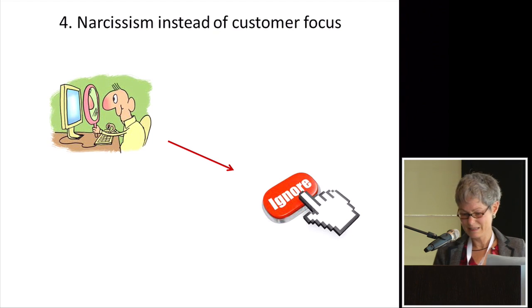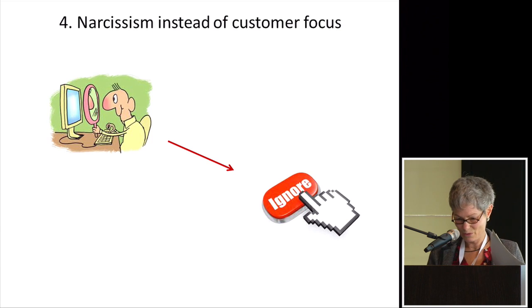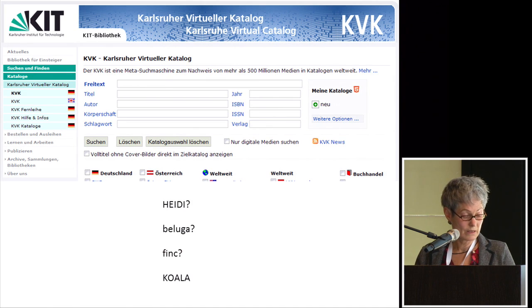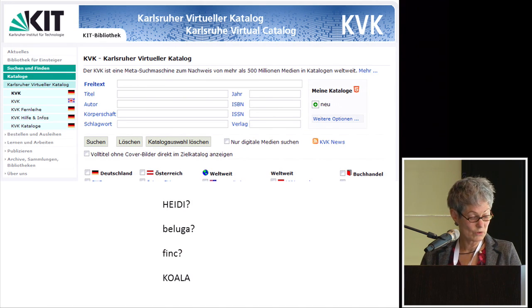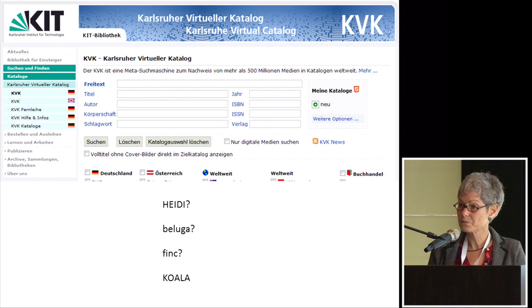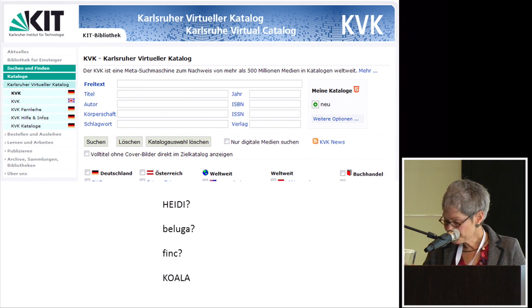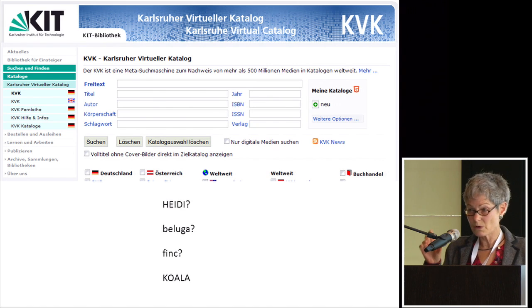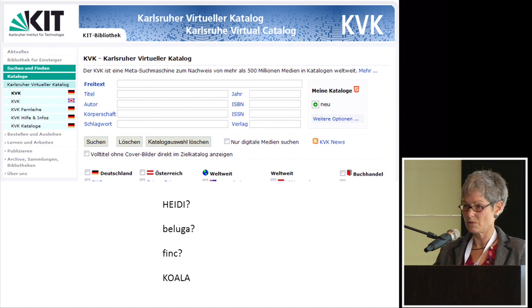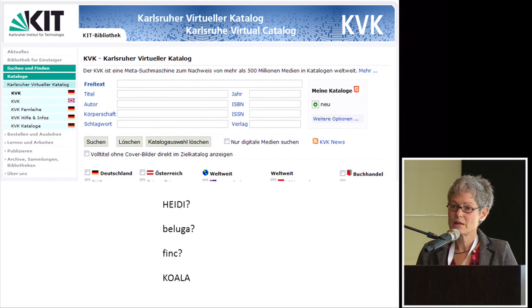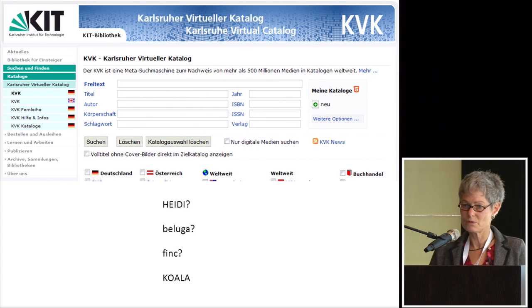Here's one example, and I wonder if most of you know it. The Karlsruhe Virtuelle Bibliothek, as most of you know, allows you to do a simultaneous search in many German and worldwide digital libraries. All of our test persons ignored the link called Karlsruhe Virtuelle Bibliothek, and when asked why, one test person said, "Was habe ich mit Karlsruhe zu tun?